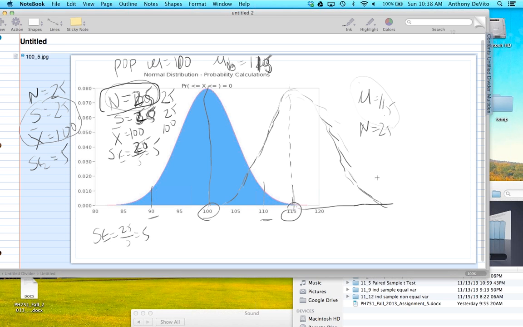Let's say I took a new sample from this population here, a sample of size 25. How large a number would I have to get to prove that it's different than 100? Right? What would the average for this sample have to be for me to say it's different than this blue population?